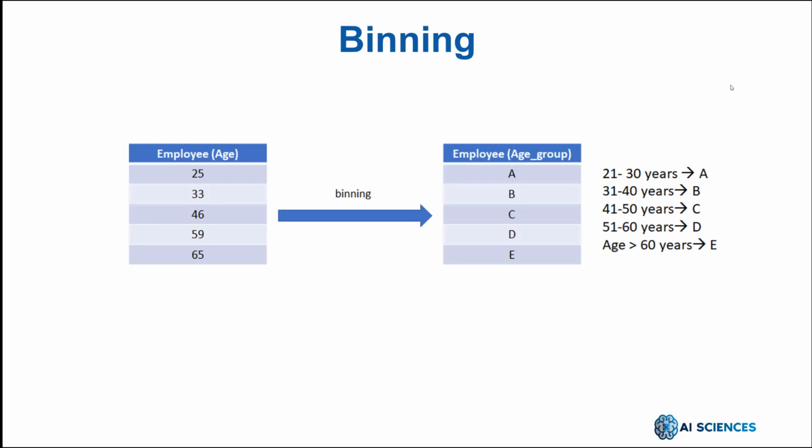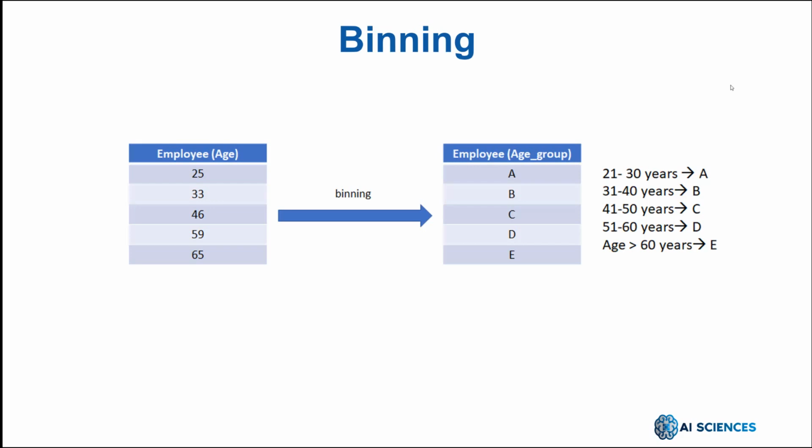These employees can be categorized into 4 age brackets: 21 to 30, 31 to 40, 41 to 50, and 51 to 60. The technique of converting a continuous feature into multiple bins and creating a new feature from it is known as binning or bucketization. It's also known as quantization.